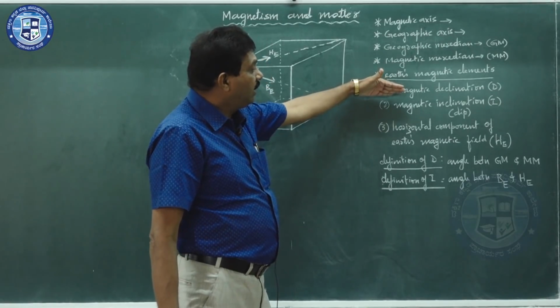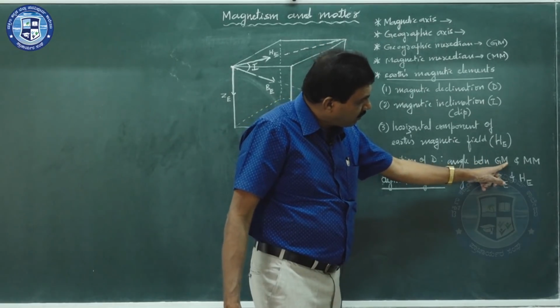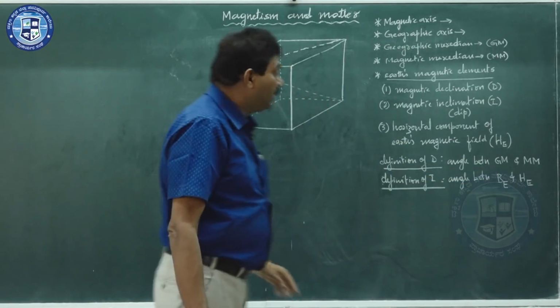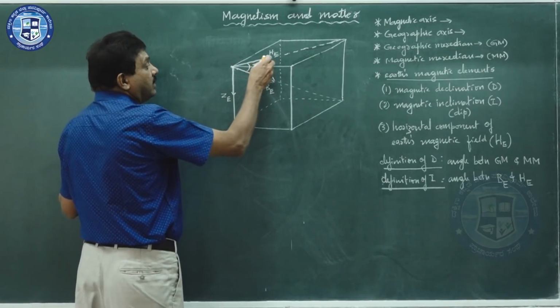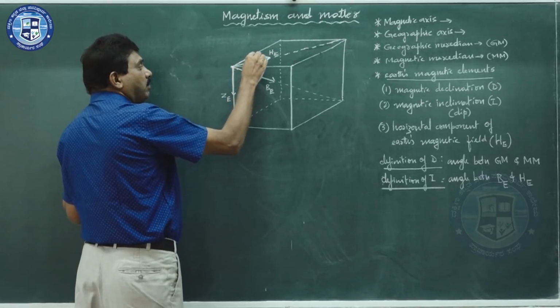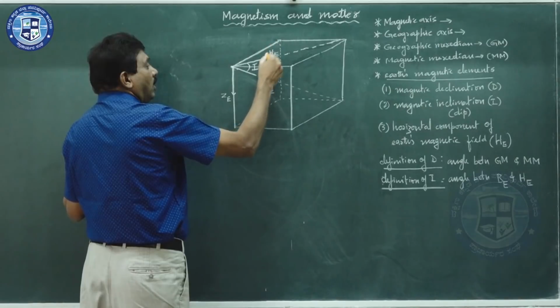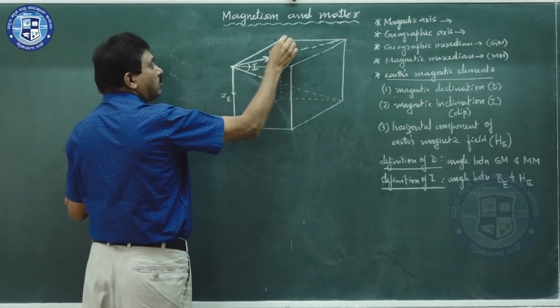Declination is the angle between the geographic meridian and magnetic meridian. So, geographic meridian is here. This is the direction, and this is what you call true north.